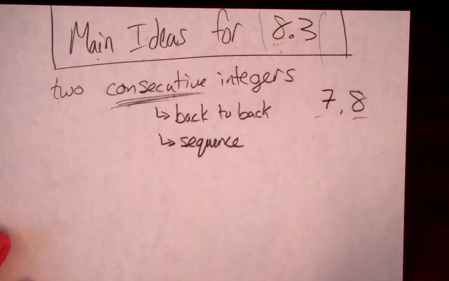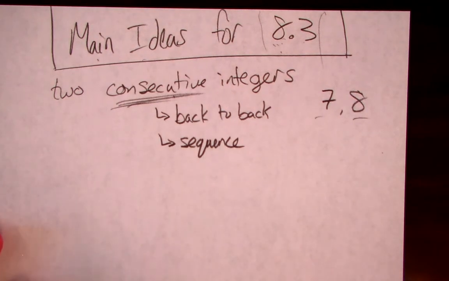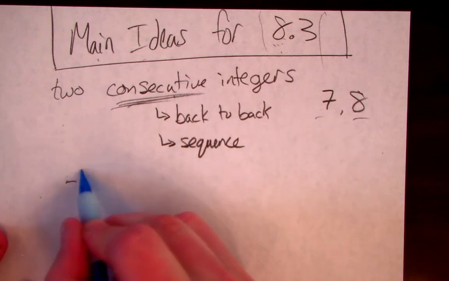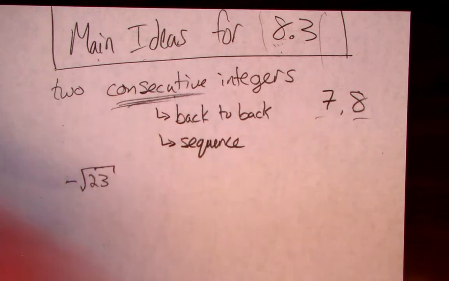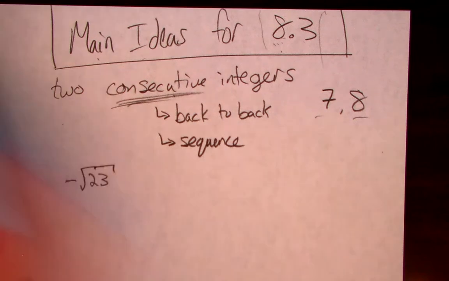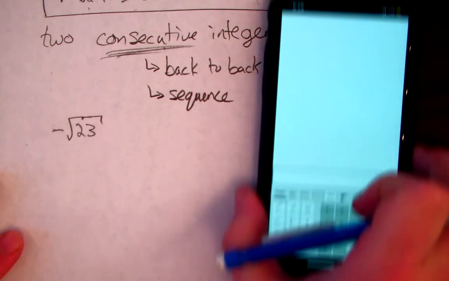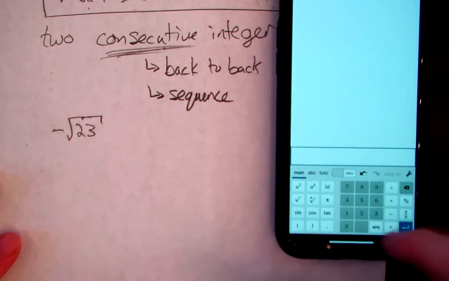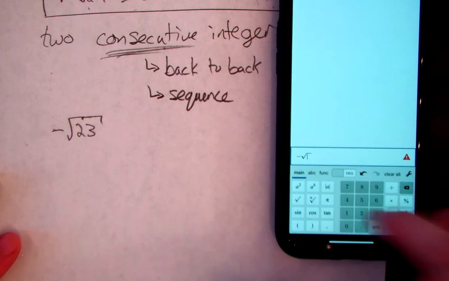Well, let's say we had the negative square root of 23. Let's use our wonderful Desmos calculator to figure out where we're at on here. So we're going to say, all right, the negative square root of 23.